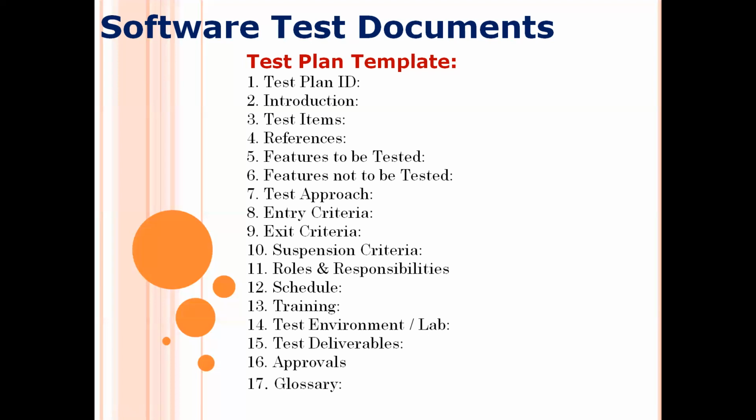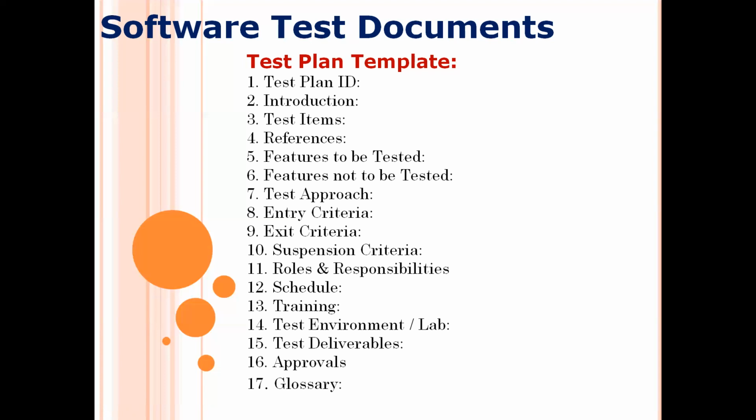Next, test environment or lab. It describes required hardware and software for setting up the test environment or test lab. Next, test deliverables. List out what is to be delivered as part of this plan.